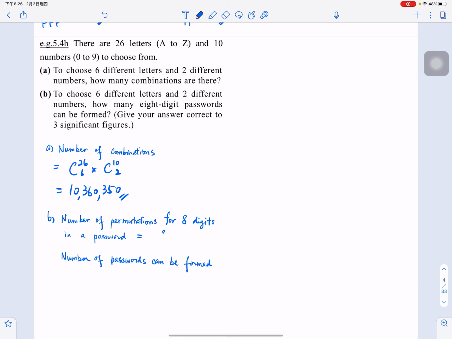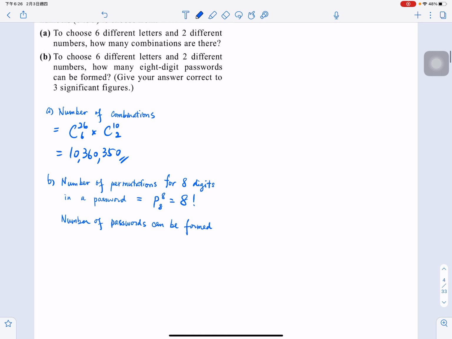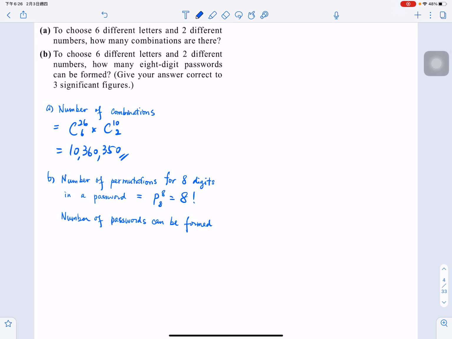That means 8P8. That means 8 factorial, right? So for each combination, you have 8 factorial permutations. Now, do you know the combination? Yeah, part A is the answer for the total number of combinations. Each of them times 8 factorial.